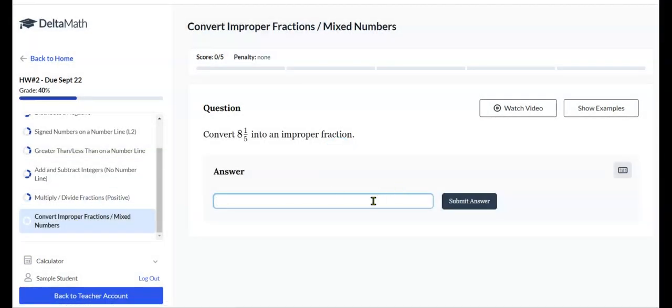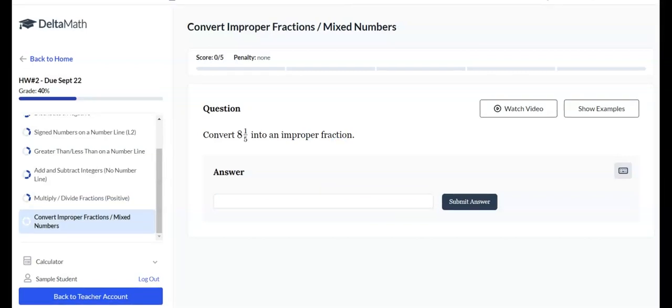The last topic is converting between mixed numbers and improper fractions. When you convert a mixed number, you multiply the denominator, that's this number here, times the unit. You multiply the denominator times the unit.